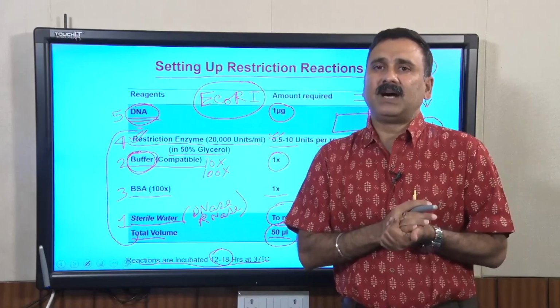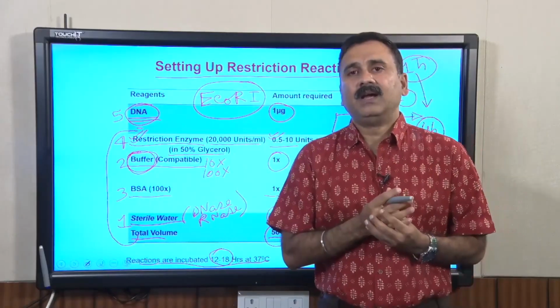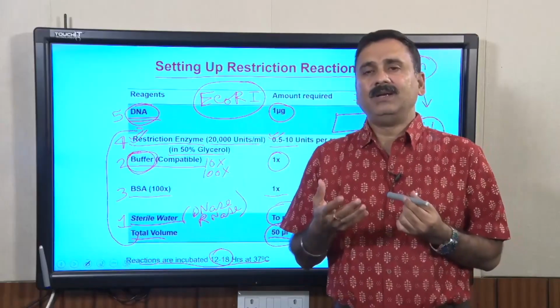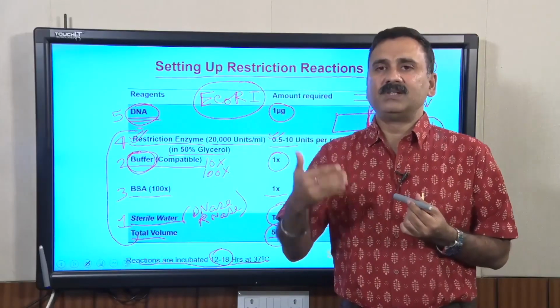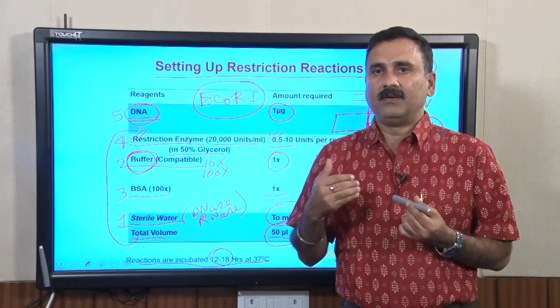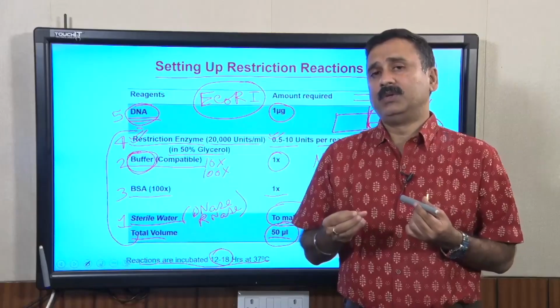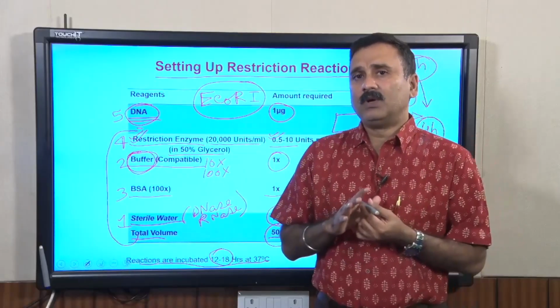What is meant by star activity? Star activity is the activity in which the enzyme misbehaves or does not cut as per its recognition sequence, and sometimes other enzymes also show star activity because of 2 reasons.